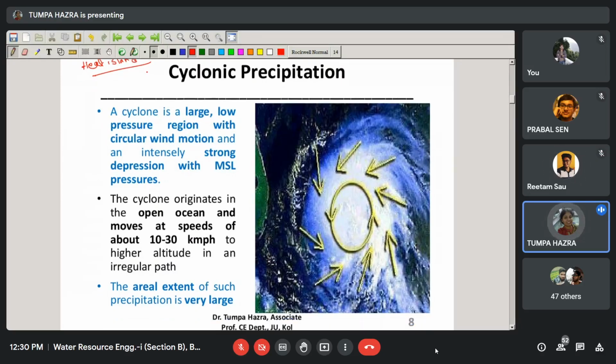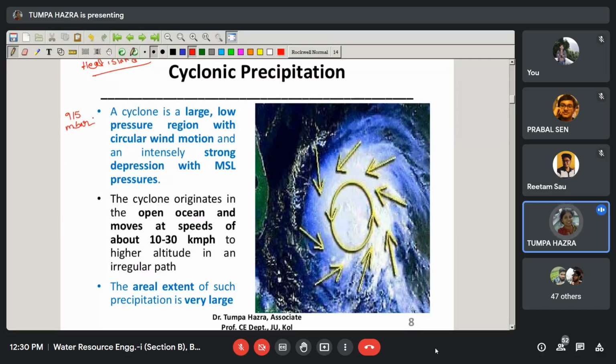Then cyclonic precipitation. A cyclone is basically a large low pressure region with circular wind motion, where the pressure is decreased so much that it is around 915 millibar.